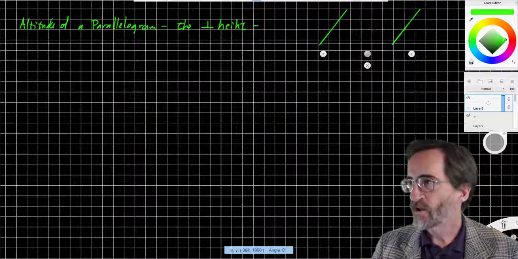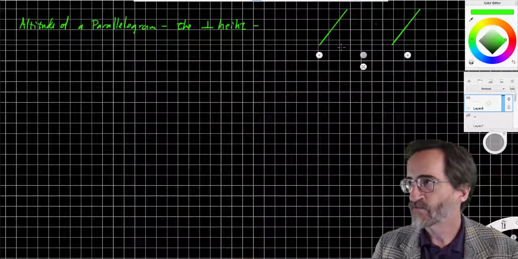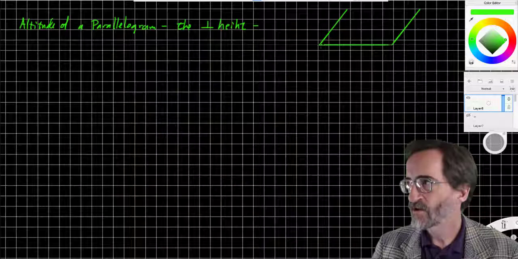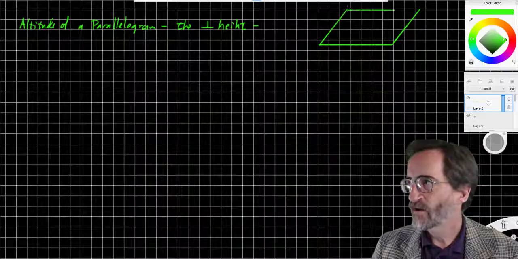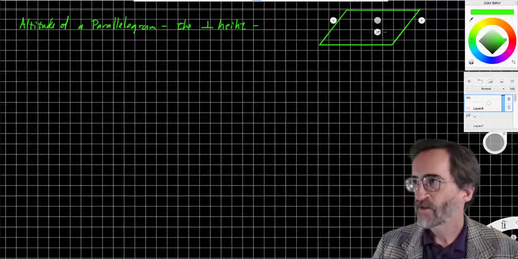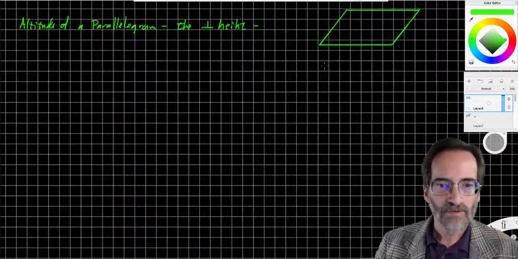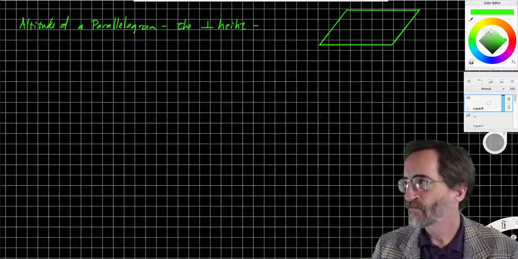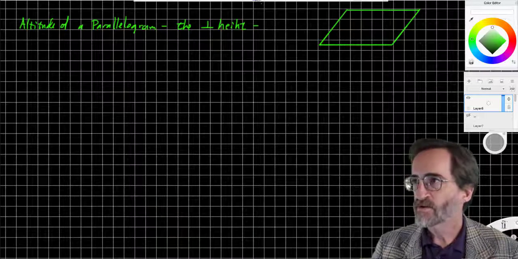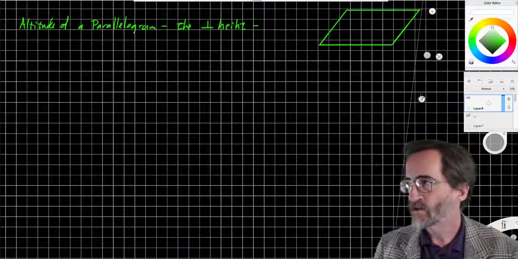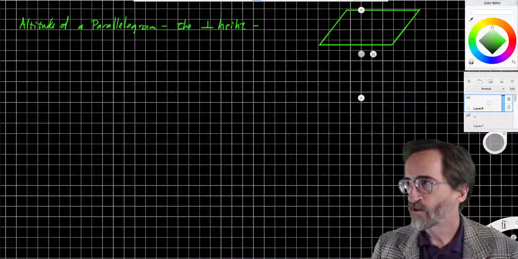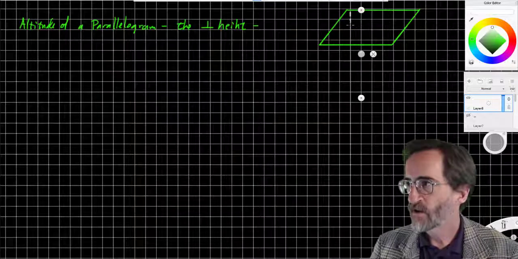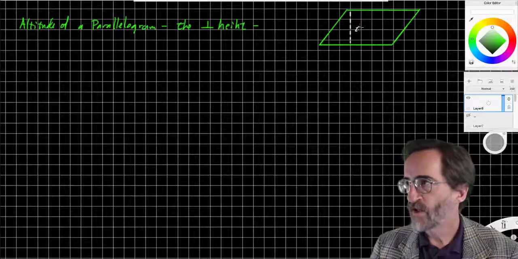So a parallelogram is a quadrilateral with two sets of parallel sides. Okay, and the altitude of the parallelogram is the perpendicular height. So it is perpendicular to the side that we call the base. So this is the altitude.